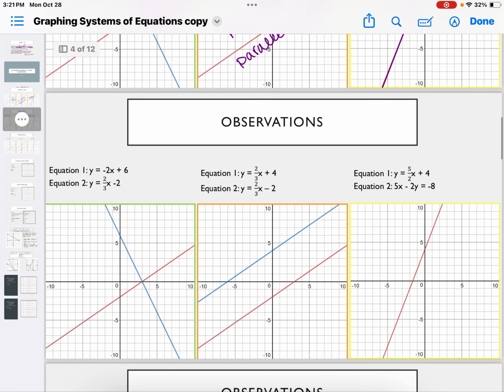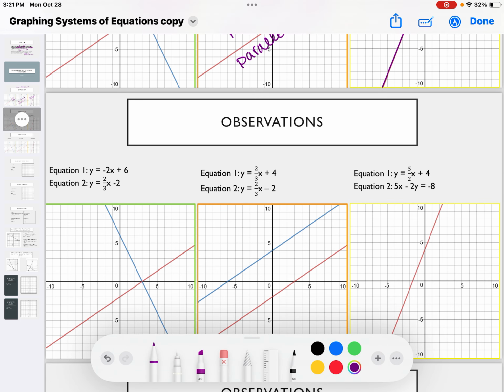Okay, so here are the equations for these lines. Notice there are different slopes here, so that tells you that they were going to cross. Notice there's the same slope here. That's why they never cross. They have different y-intercepts, but the same slope, so they're parallel lines. And then notice on this last one here, the slope is 5/2. Y-intercept is 4. I'm sorry, 4.